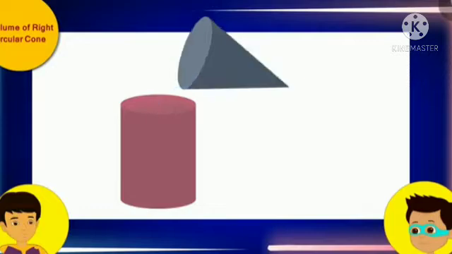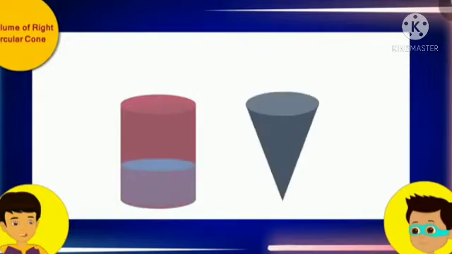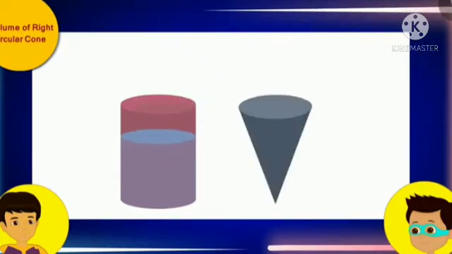Look, Thomas, some part of the cylindrical vessel has been filled with the water. Now, we will again fill the conical vessel completely with water and pour it into the cylinder. As you can see, the cylinder is still not fully filled.